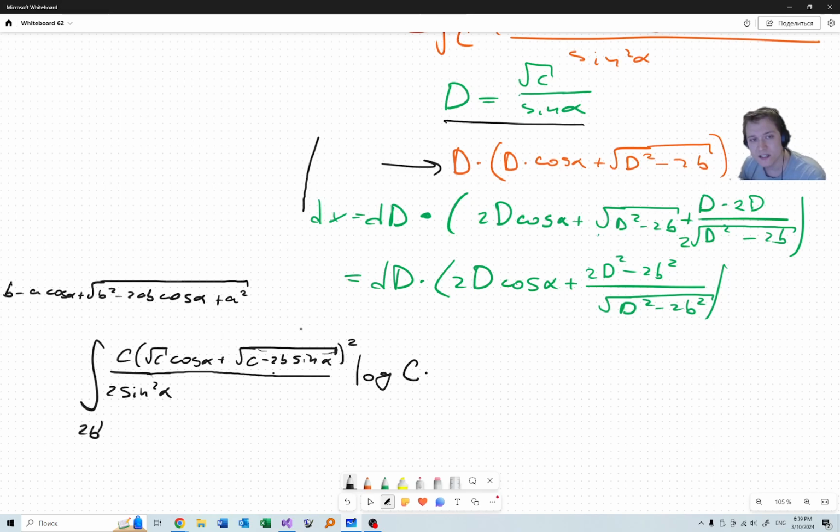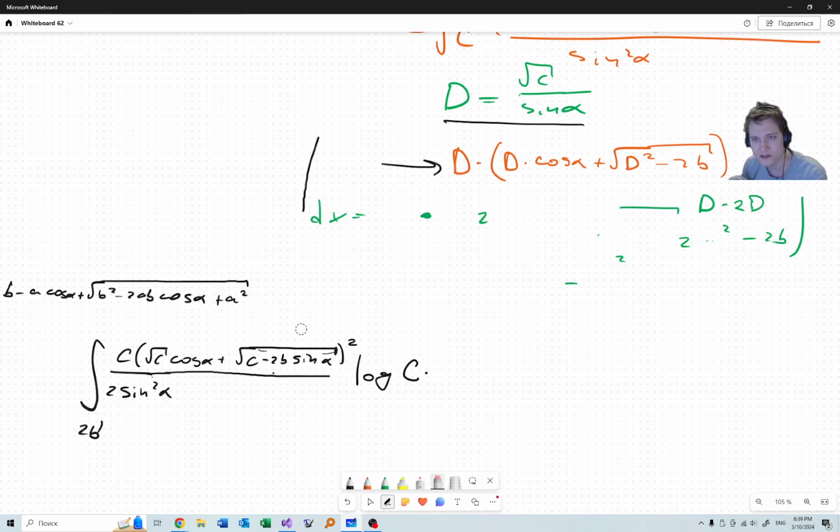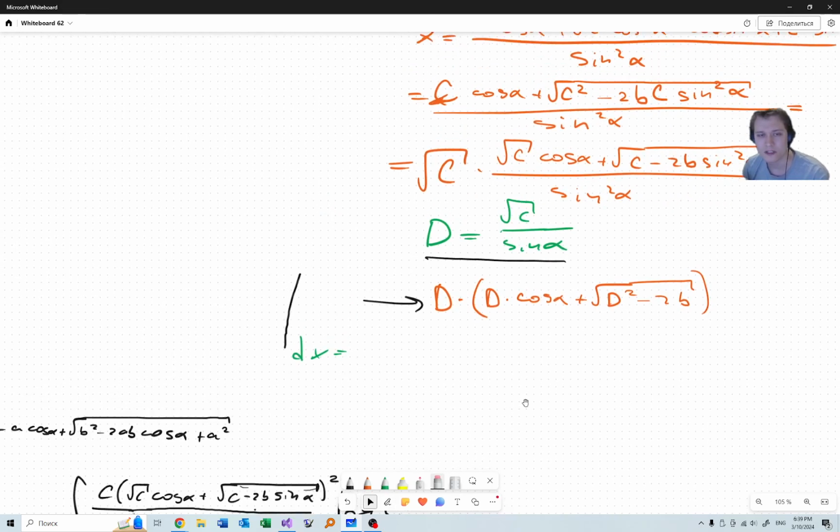And times dx. So instead of this, let's write dx in terms of c. So I need to take the derivative of this expression. Oh, but it is ugly. But who cares? So this is cos alpha over sine squared alpha plus the derivative of this thing.